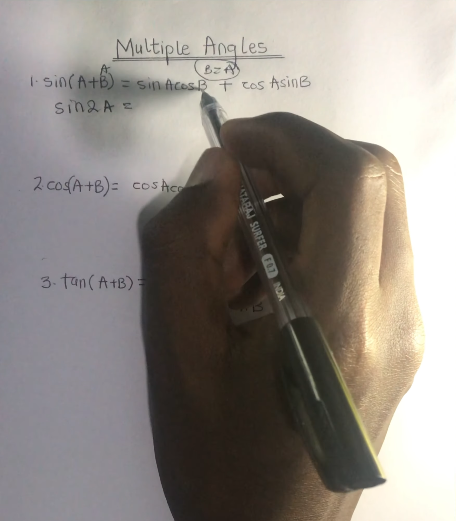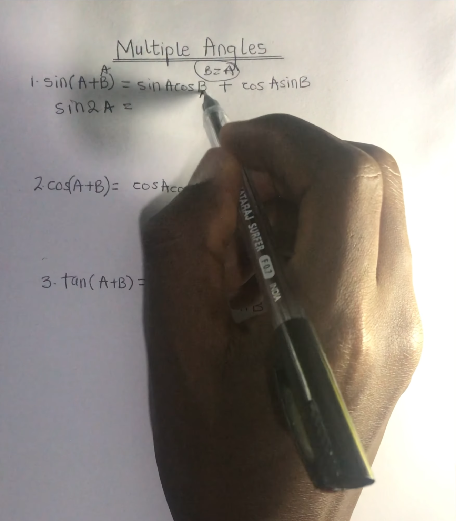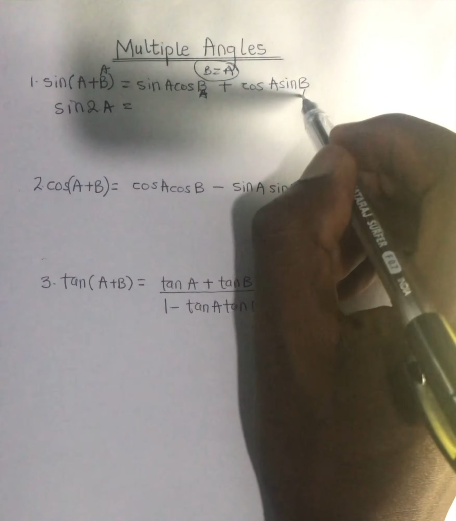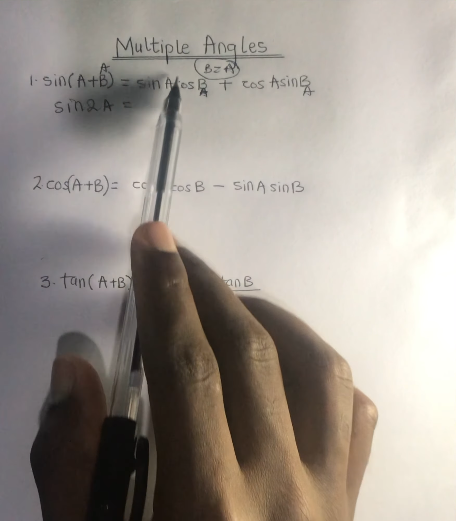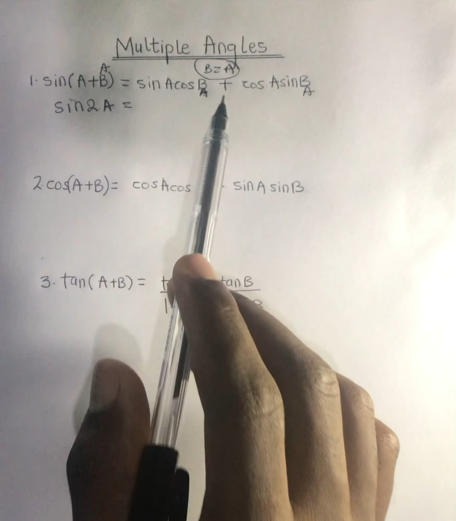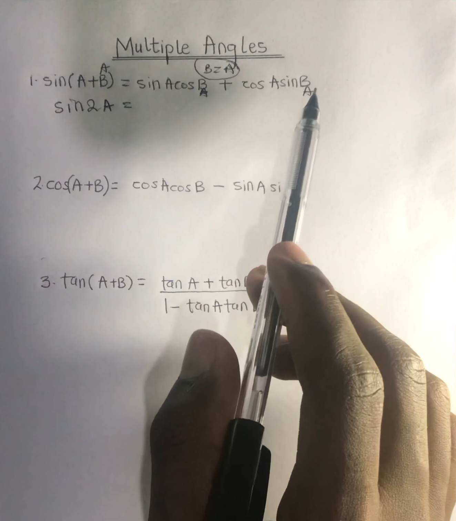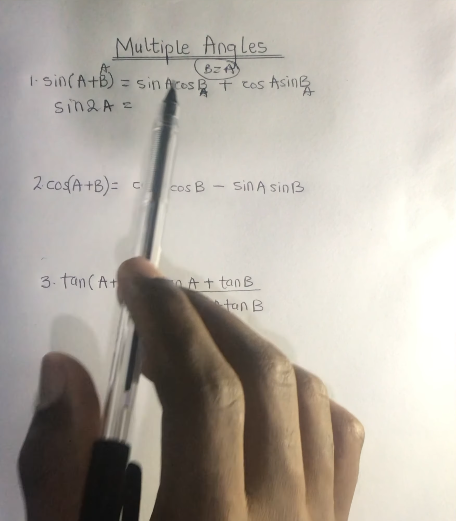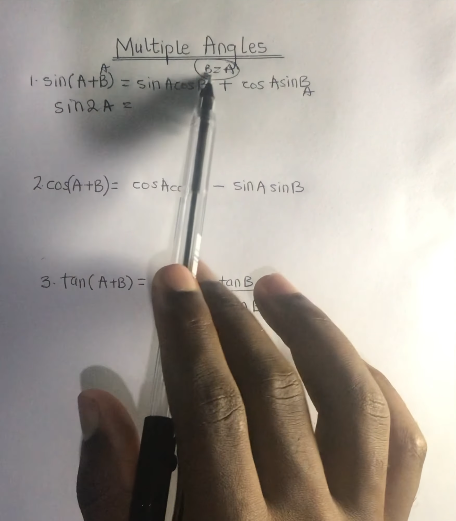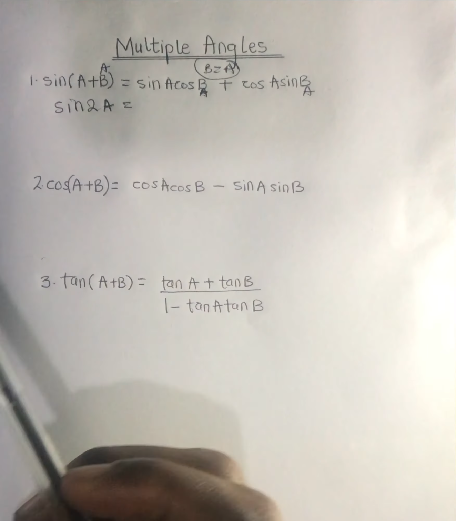So instead of B here, we put A, we substitute A, and do the same also for this side. Now take note, we have sine A cos A plus cos A sine A. This is actually the same since multiplication is commutative. It doesn't really matter the order in which you multiply.